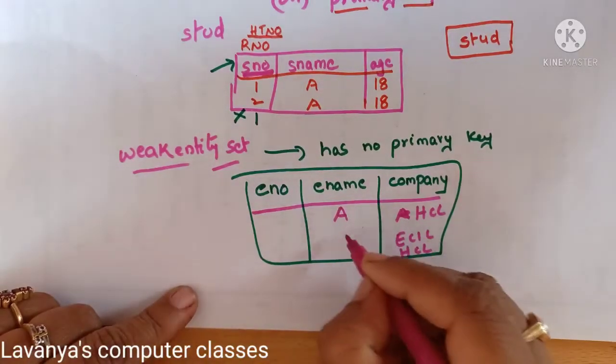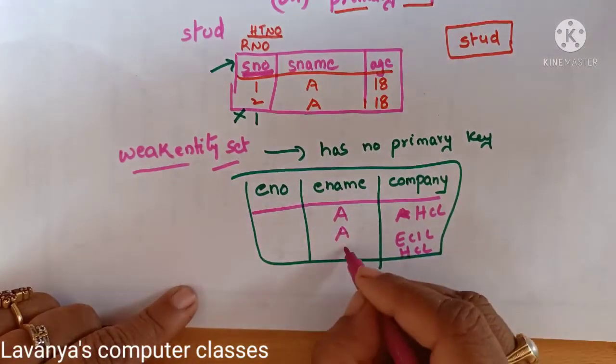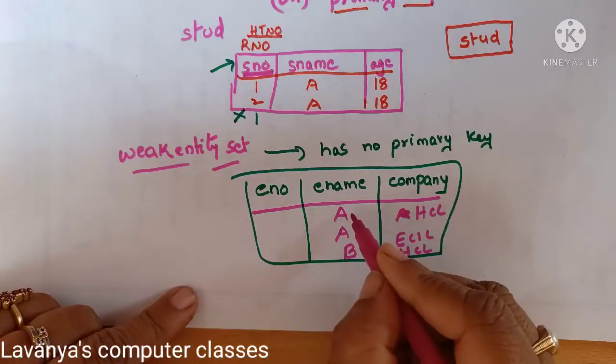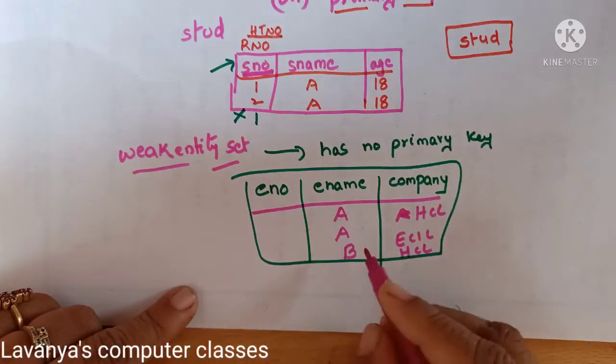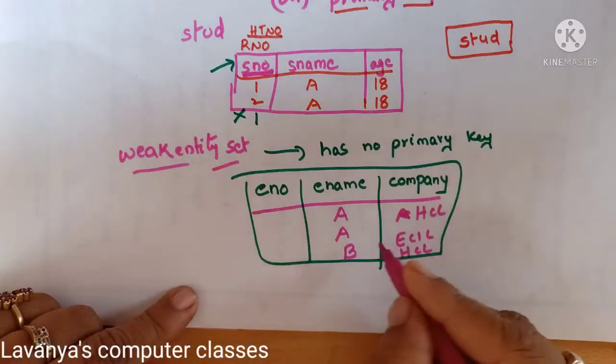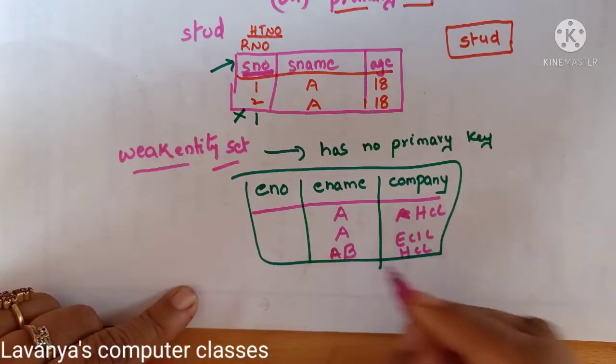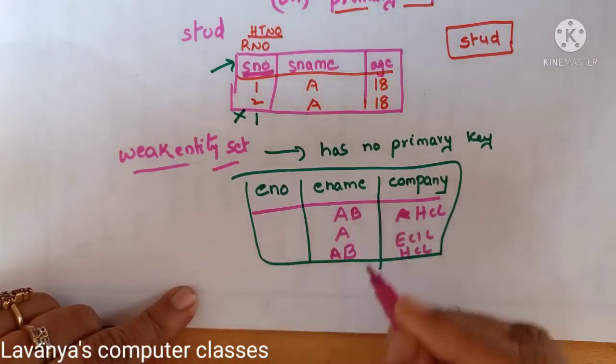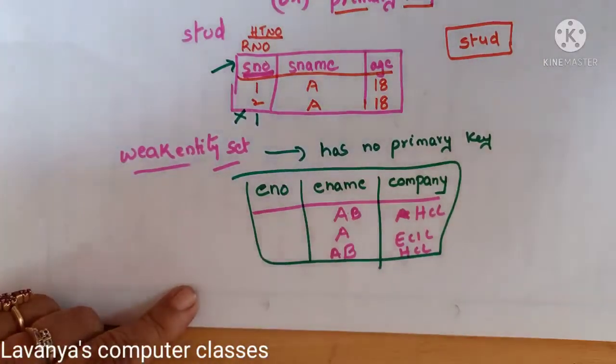Employee name A, another employee name is also A, another is B. So here AB, here also AB, HCL, here also AB. But the employee number should be unique.